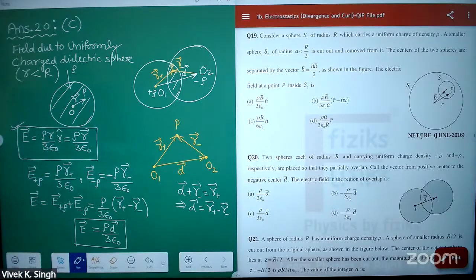Now solve question number 19. Same type of trick you have to use. Solve question number 19. Try to solve.